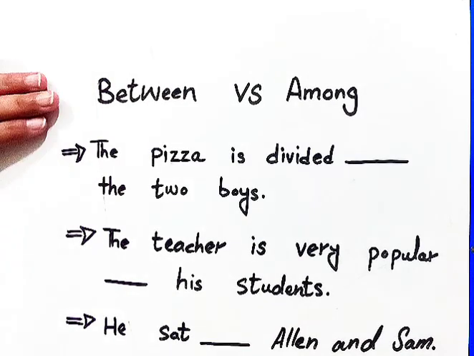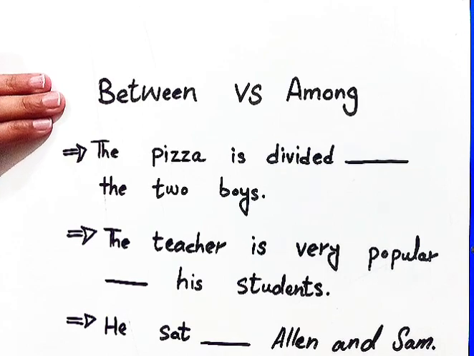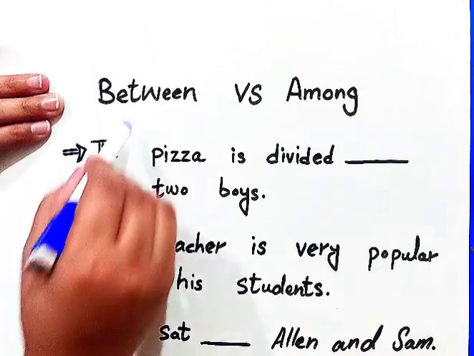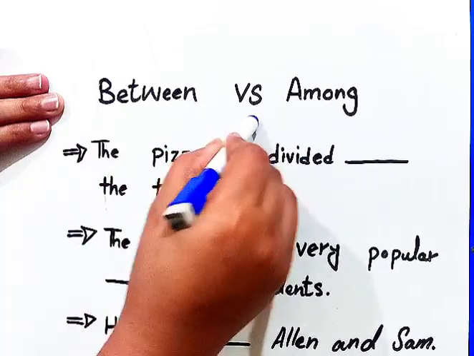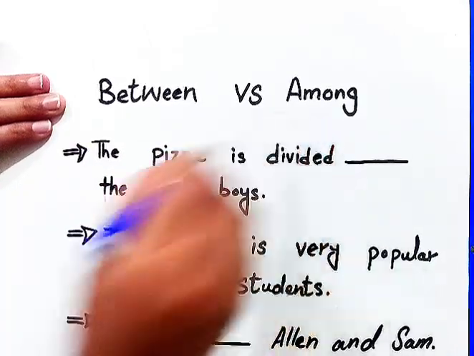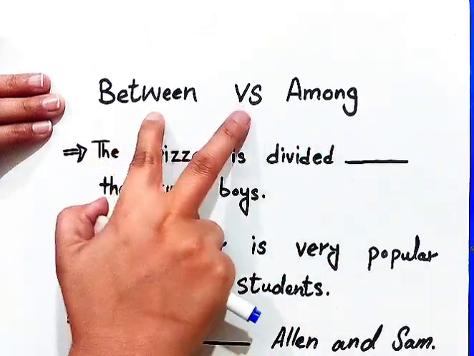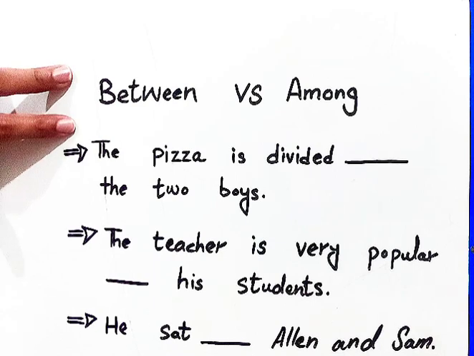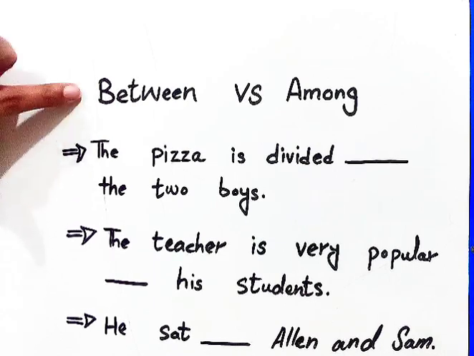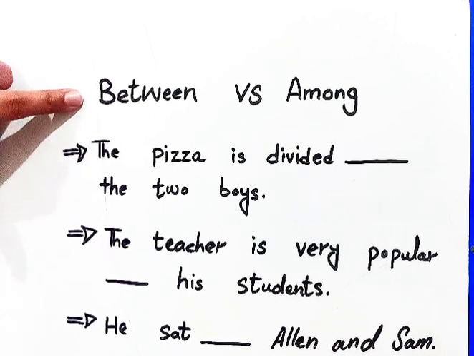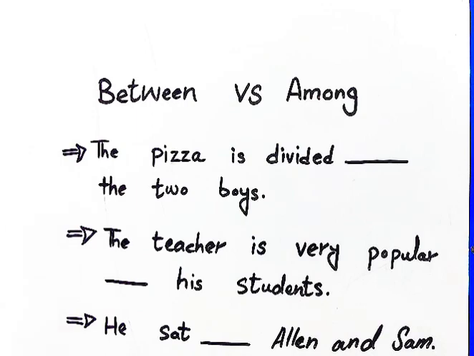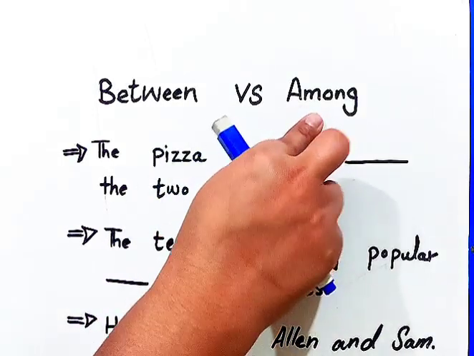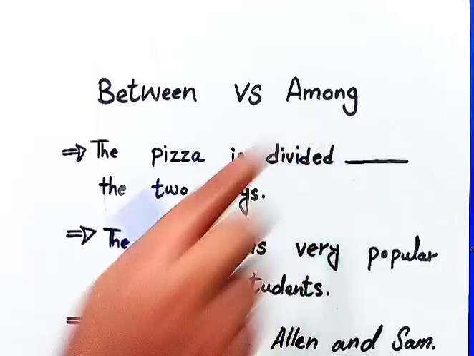In today's video, we are going to learn the difference between and among. This video is about between versus among. In this video, we are going to learn in which situation we should write or say between and in which situation we should write or say among.